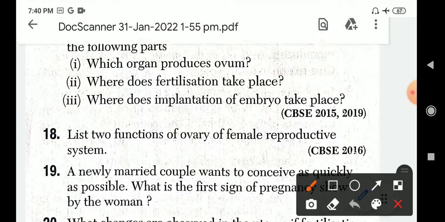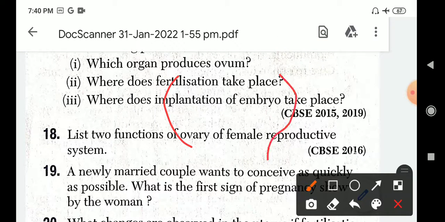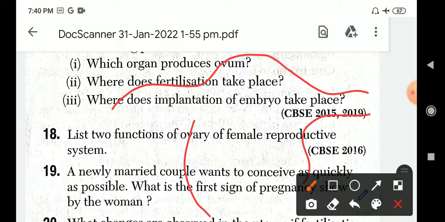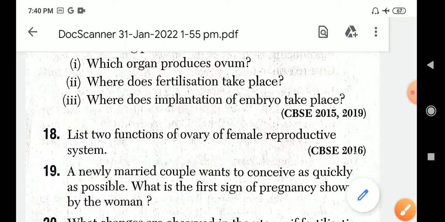So implantation of the embryo takes place in the uterus, the broader part. The embryo can implant itself anywhere on the wall of the uterus, on the thick lining of the uterus.